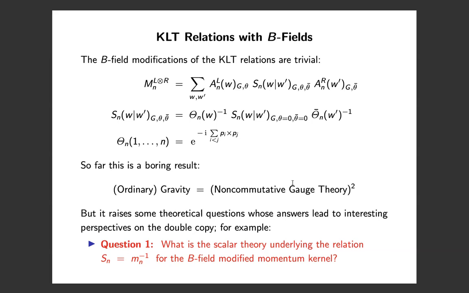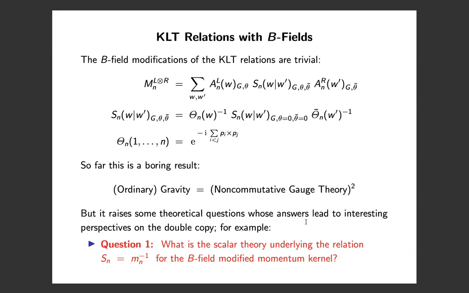So how do these dressed KLT amplitudes arise from a scalar theory? What is the scalar theory that underlies this relation for the B field modified momentum kernel? The answer to this question is going to come more towards the end of the talk. We'll have to build up many things before that.